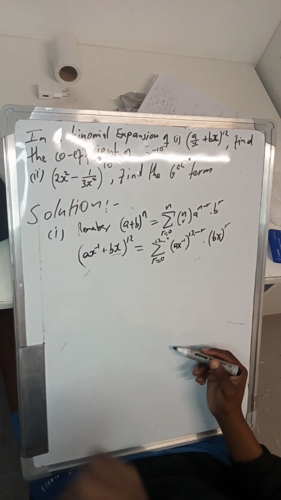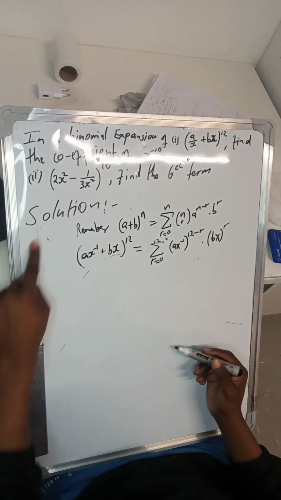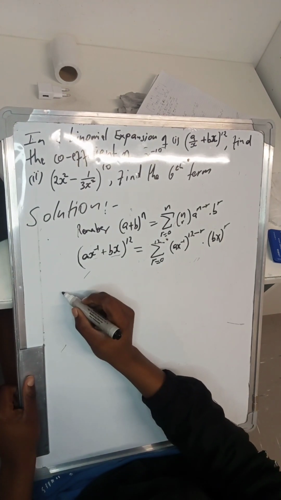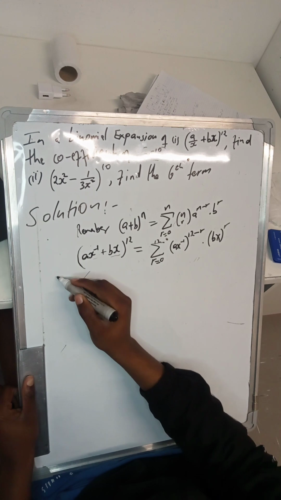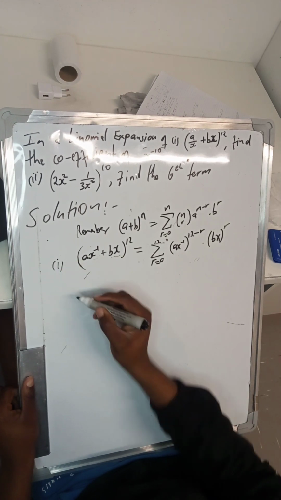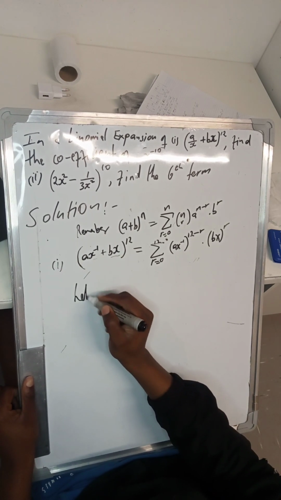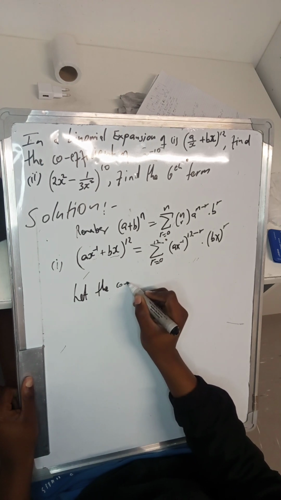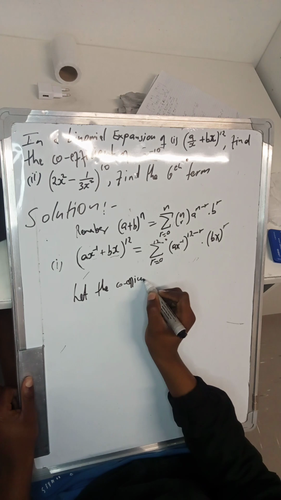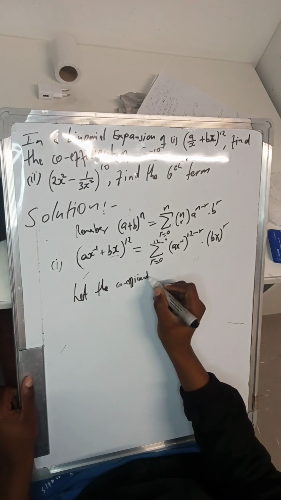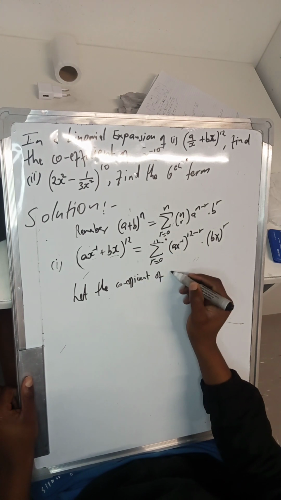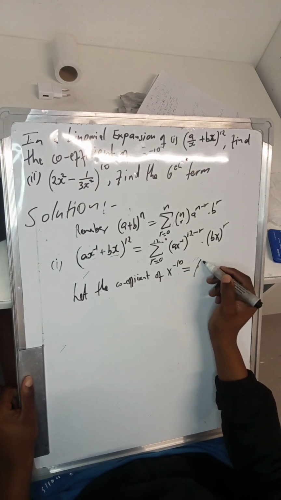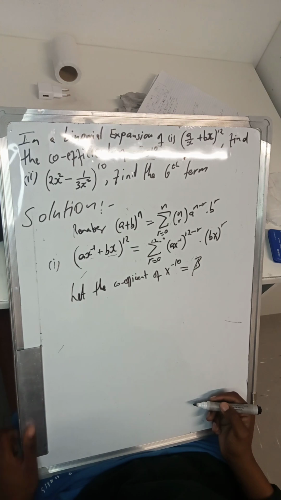So now this is how we answer. Let the coefficient of x to the -10 be equal to beta.